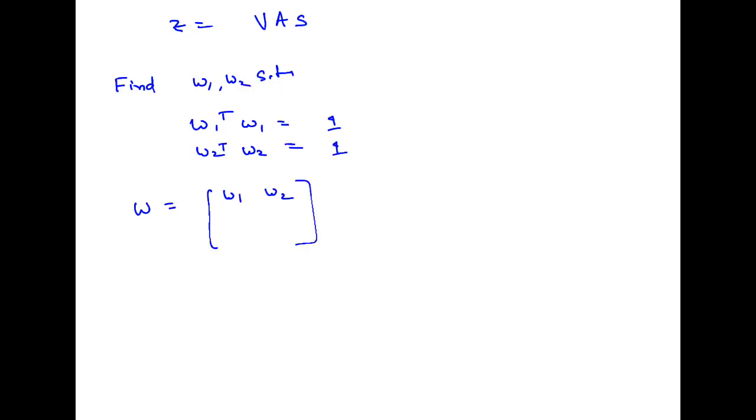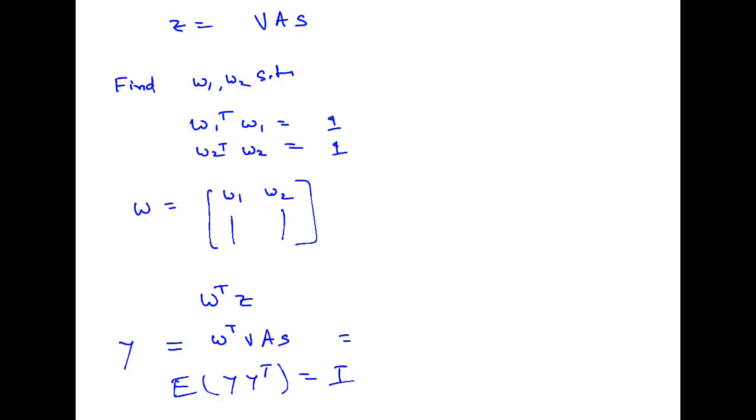Fine. So these are columns of W1. So what is W transpose Z? That's what we are finding, which is W transpose VAS. Okay. Now we want the components to be orthogonal, right? So let's call this Y. So we want expectation of Y Y transpose equal to I. Right? That's what we want. What does this mean?